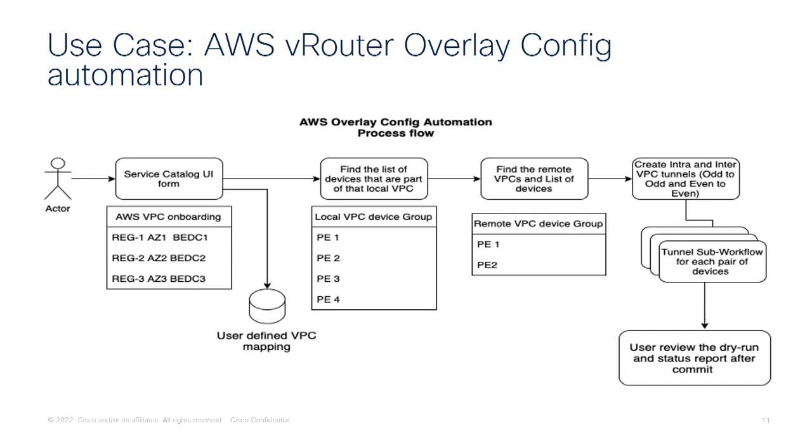So you can imagine, for one VPC, if you want to bring up a new VR, you have to create literally hundreds of tunnels. And manually doing it is impossible. Manually configuring hundreds of tunnels, right? So this use case is meant to automate the configuration of the overlay config portion so that we can create hundreds of tunnels with a button, right? And this is in production right now.